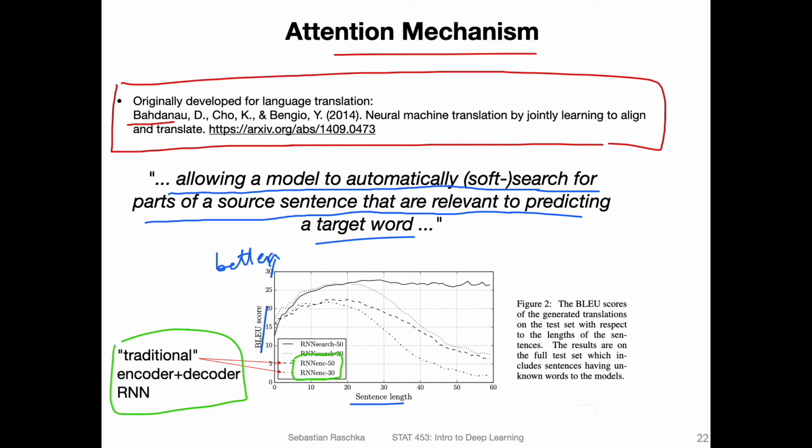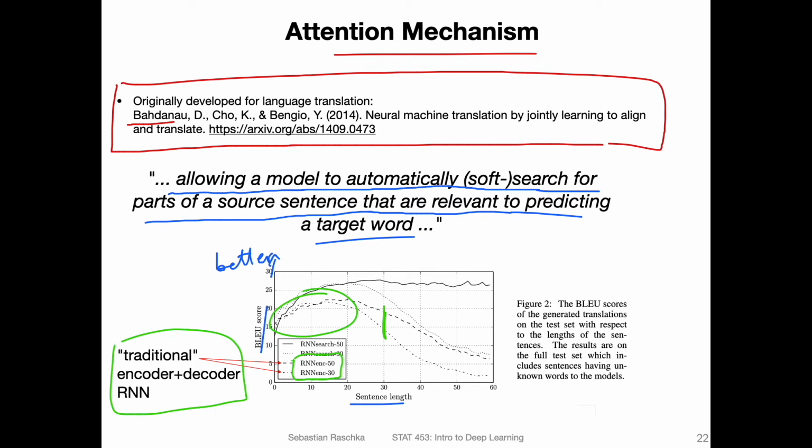And you can see that the performance drops dramatically for sentence lengths larger than 30. So you can see it gets good performance in this region, but if you get longer sentences, longer than 50 words, then the performance declines.